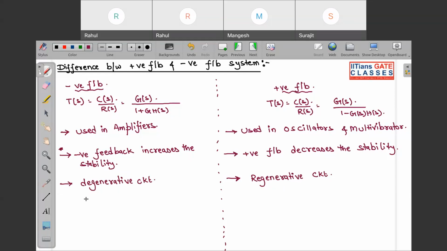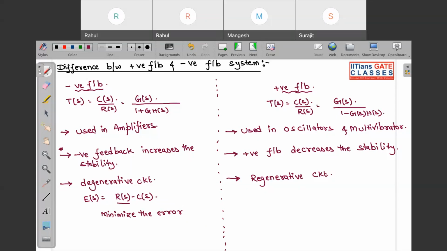Because you can see over here that error is R(s) minus C(s). So that means basically here you are trying to minimize the error.